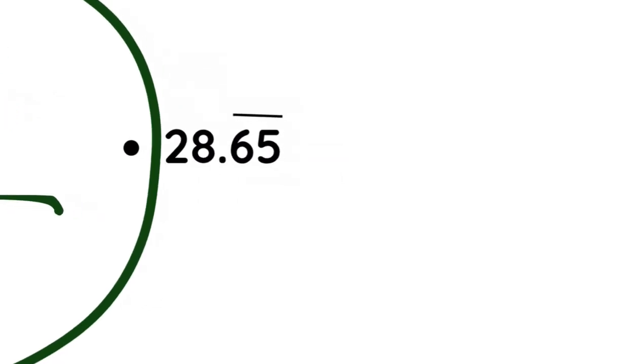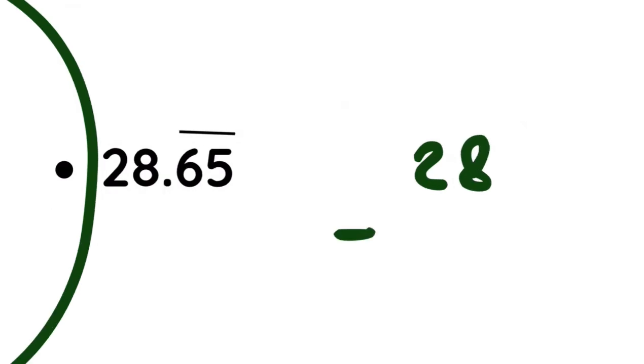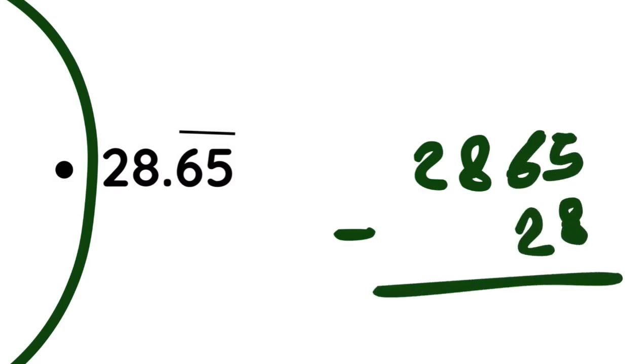28.65. We do the same process for this one as well. We write all the digits and then we subtract the whole number part. 65 subtracted by 28. So 5 minus 8, I borrow a number from 6.